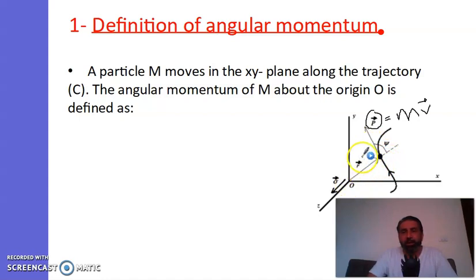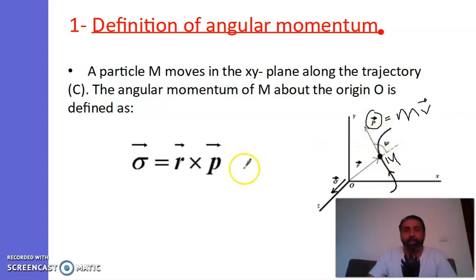Now r is the position vector of this particle m with respect to O. So the angular momentum of this particle m with respect to the origin O is defined as sigma equals the cross product between the vector r and the vector p.